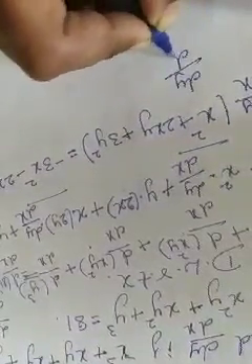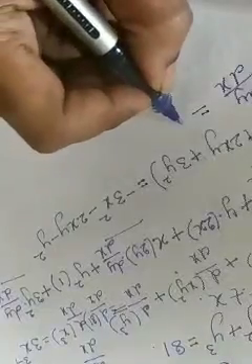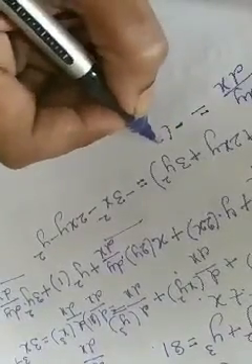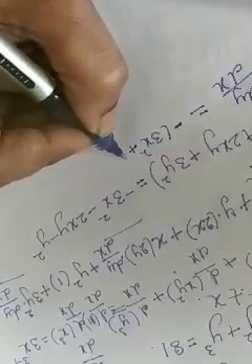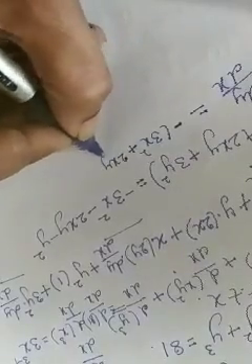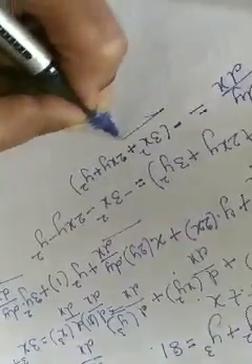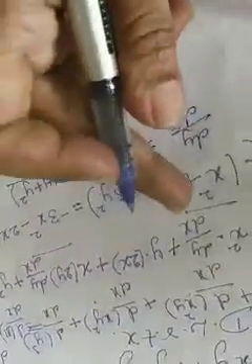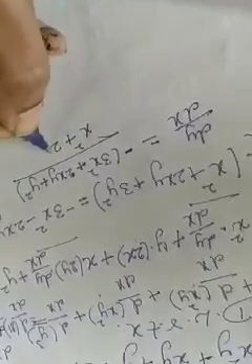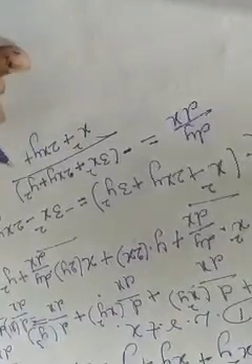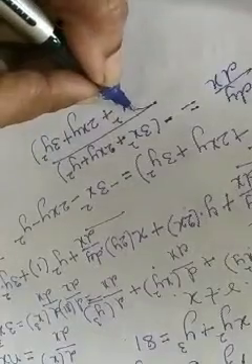So dy by dx is equal to, take out the minus common, 3x square plus 2xy plus y square, divided by, shifting to the denominator, x square plus 2xy plus 3y square.